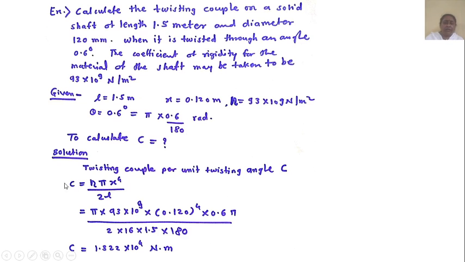So putting this value, C equals pi into 93 into 10 raised to 9 into 0.120 raised to 4 into 0.6 into pi upon 2 into 16 into 1.5 into 180. After simplification, C, that is the twisting couple per unit twisting angle, equals 1.322 into 10 raised to 4 Newton meter.